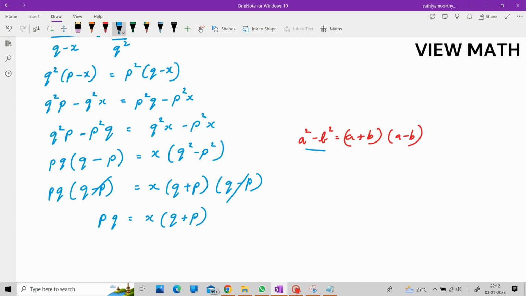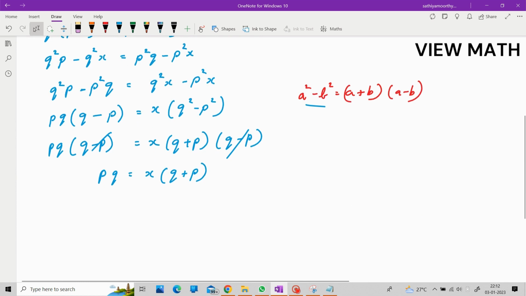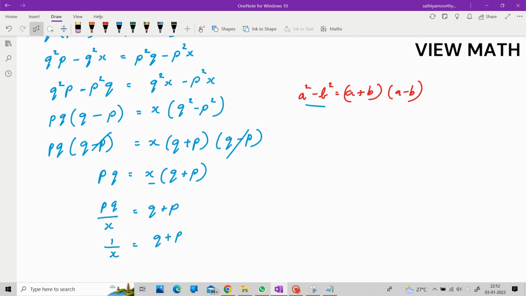So I need to show 1 by x on one side and the remaining to the other side. So what I'm going to do is bring this x to the left hand side. I'll be getting pq by x is equal to q plus p. Now I'm going to bring this q plus p to the other side. I'll be getting 1 by x is equal to q plus p by pq.